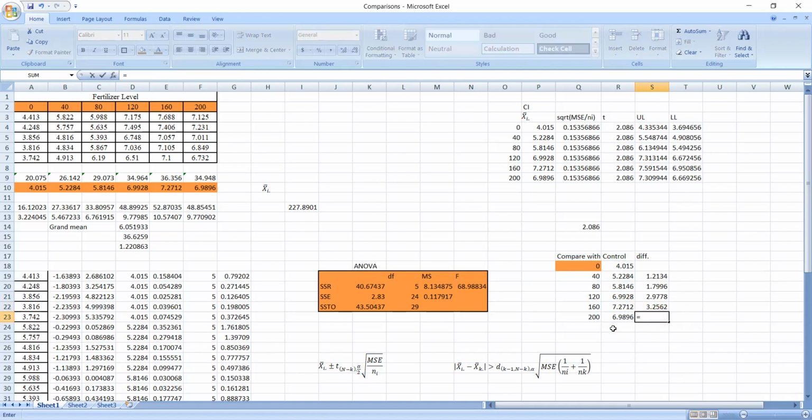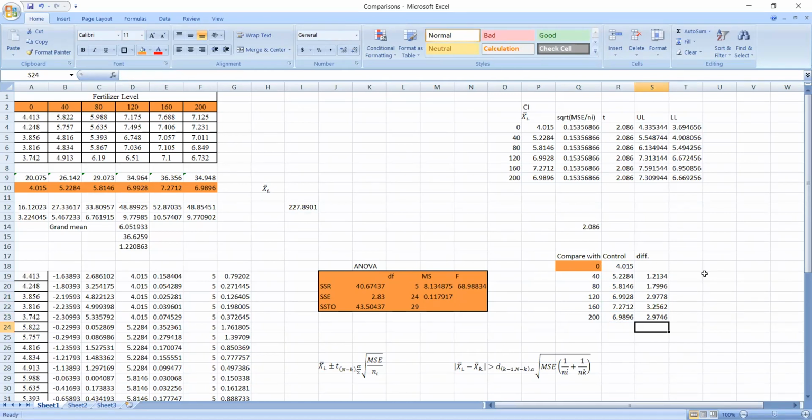For the last treatment, mean value is 6.98, and for the control this. So now we have, since all are positive values, it's the same when you take the absolute difference as well. So these are the absolute differences between the treatment that we are interested in and the control group.